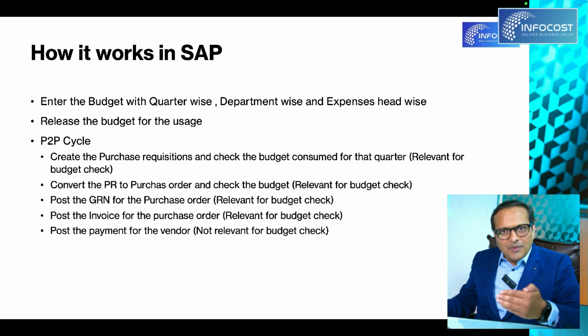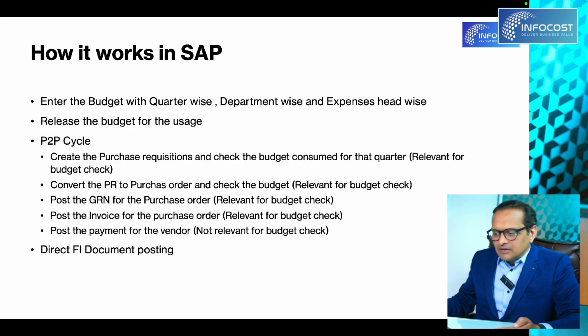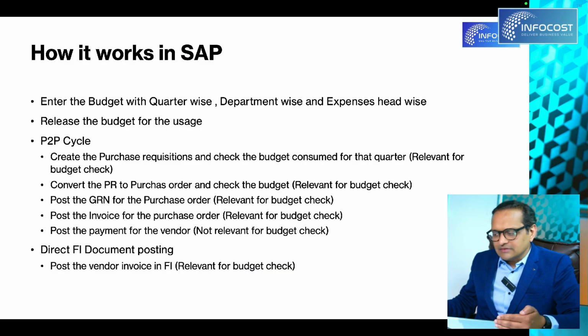Then when we pass the vendor payment, there is no need to check any budget, because that is just an outflow of cash based on the liability which we have already booked as per the vendor's invoice. Then coming to direct FI postings: for all vendor invoices not routing through PO, the budget will be checked immediately at the time of posting the invoices.